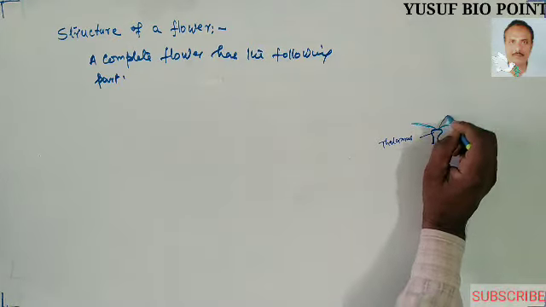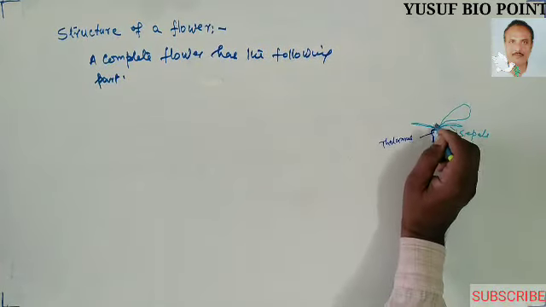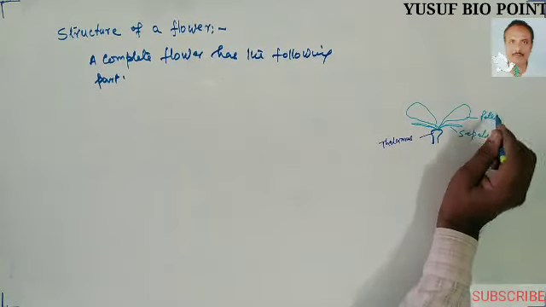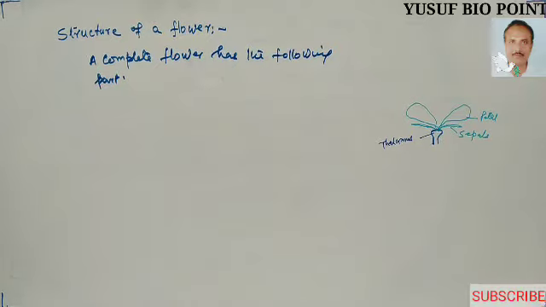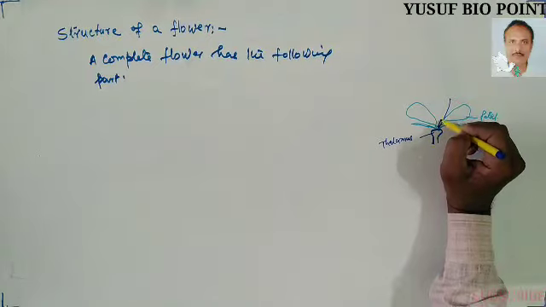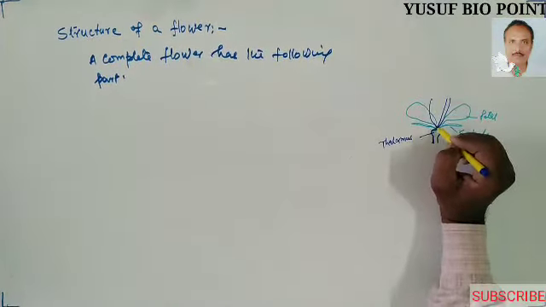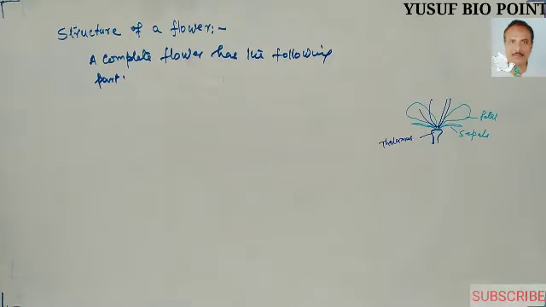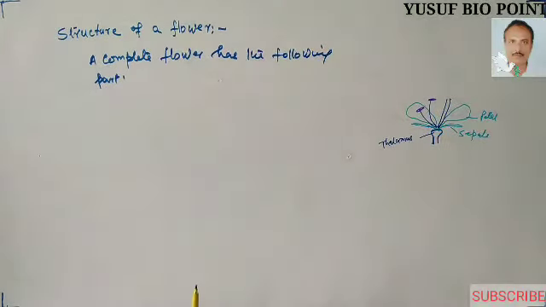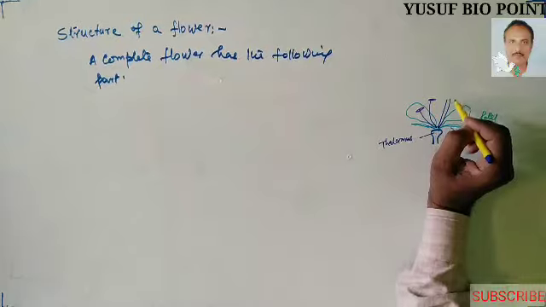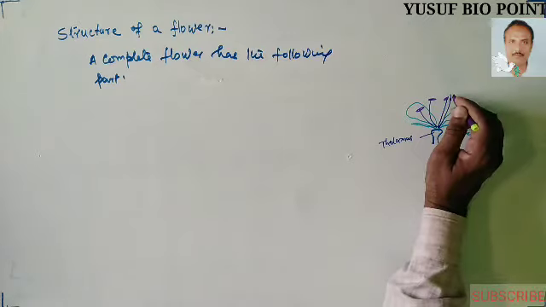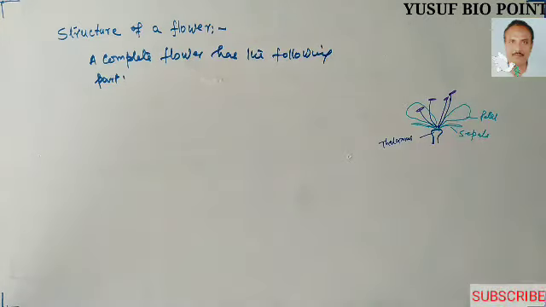Next one is called petals. These are called stamens.